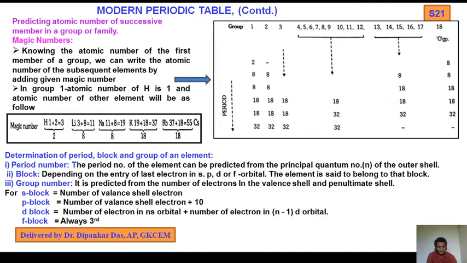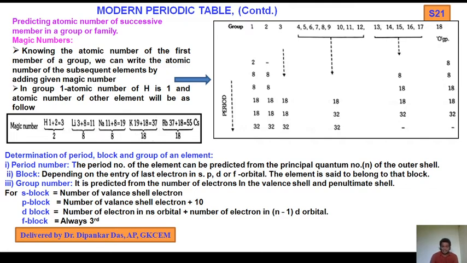P block: number of valence electrons plus 10. D block: number of electrons in the ns orbital. So again I recap this portion.